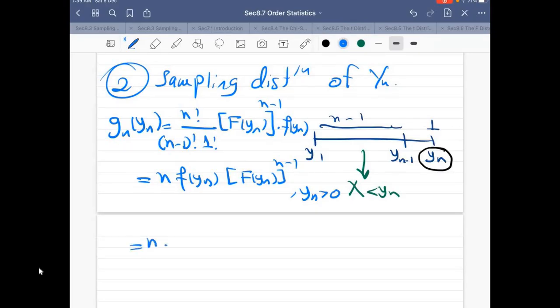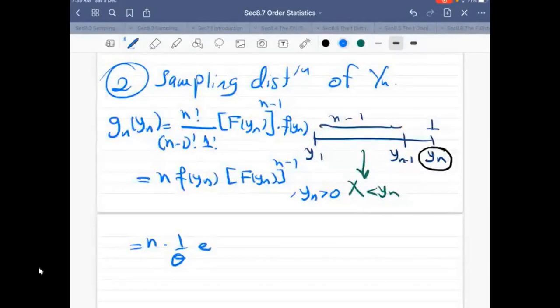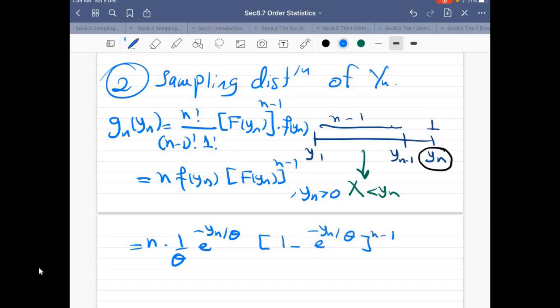Okay, substitute for exponential density at y sub n. It will be 1 over theta e power minus y n over theta, into a distribution function, 1 minus e power minus y sub n over theta, power n minus 1, for yn greater than 0.